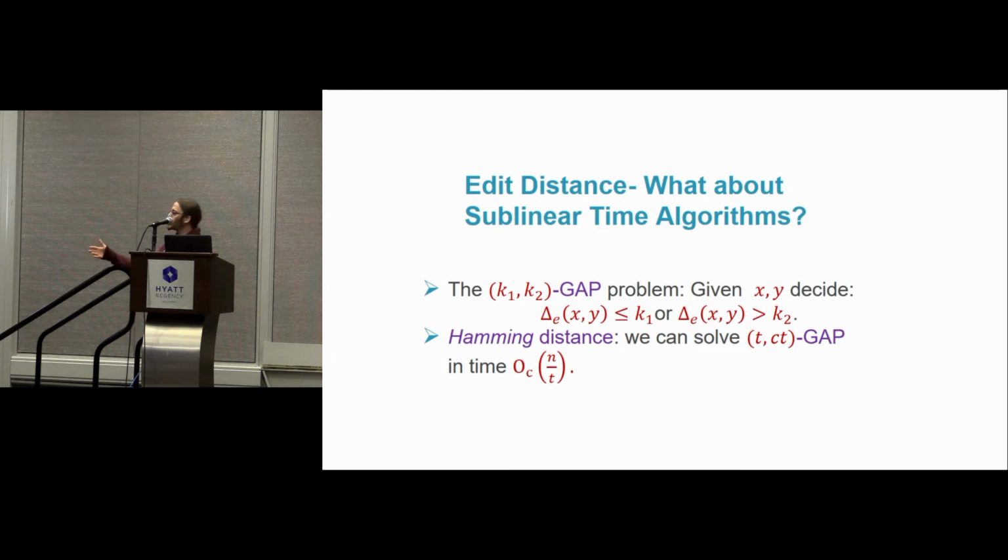If it is somewhere in between, we do not care what the algorithm outputs. If we come back to Hamming distance, then we can solve t versus c times t for any constant c in time which is roughly n over t, where the big O notation hides the constant c.